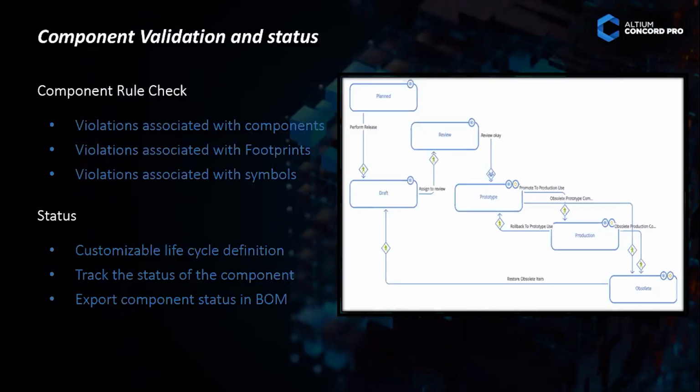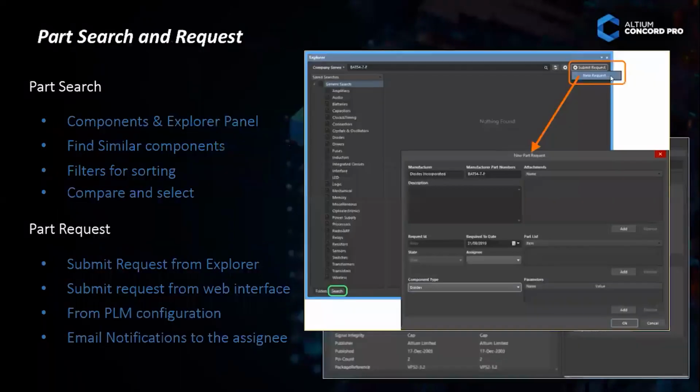And in the bill of material also, you can export the component status, whether we are using the latest component or the old one. It will say not up to date, so that we can verify it before releasing the Gerber or bill of material generation.